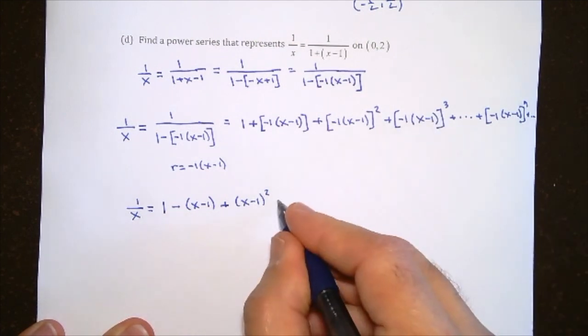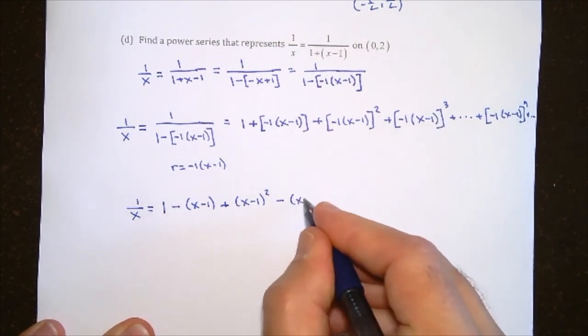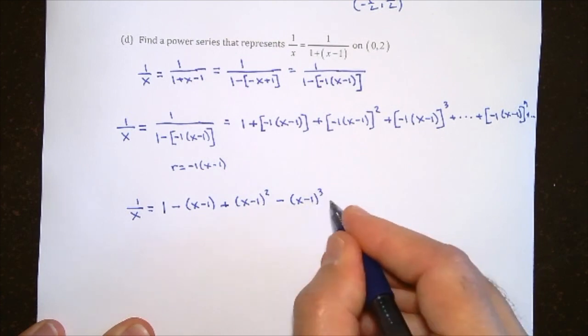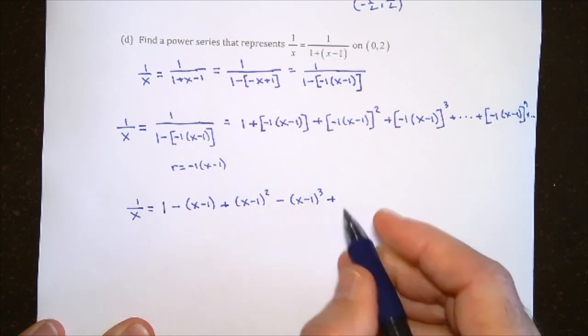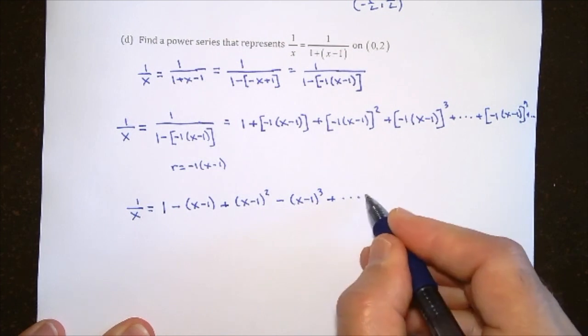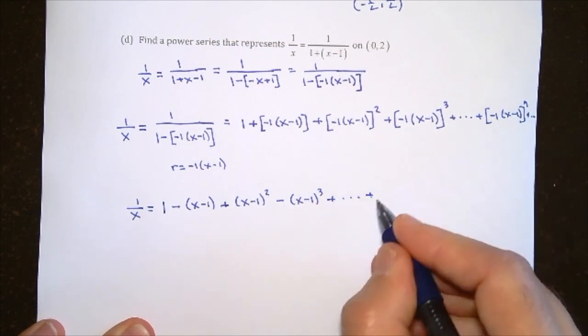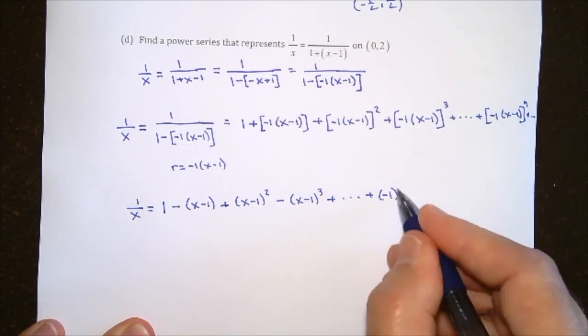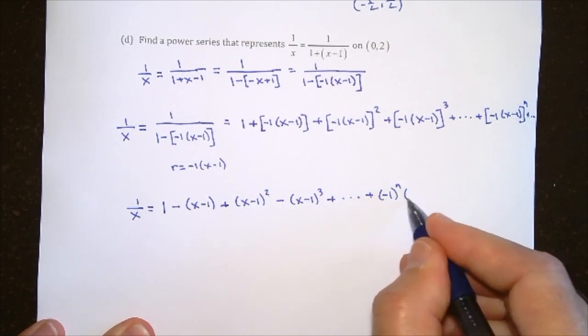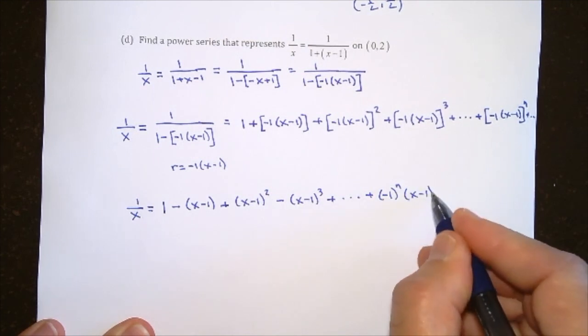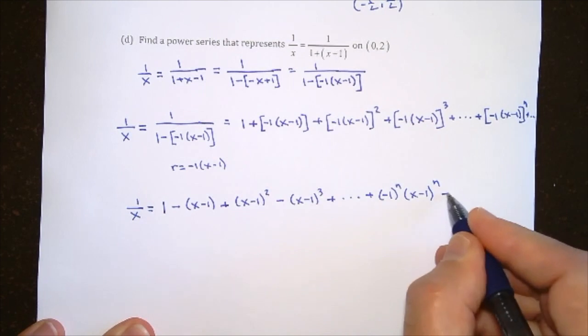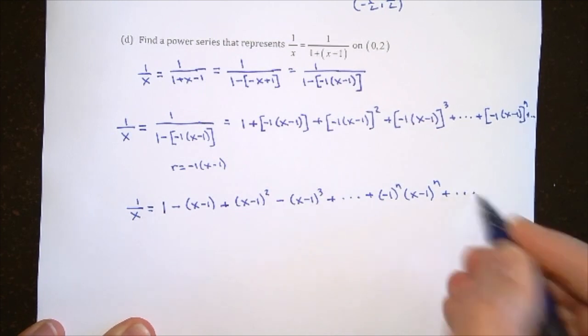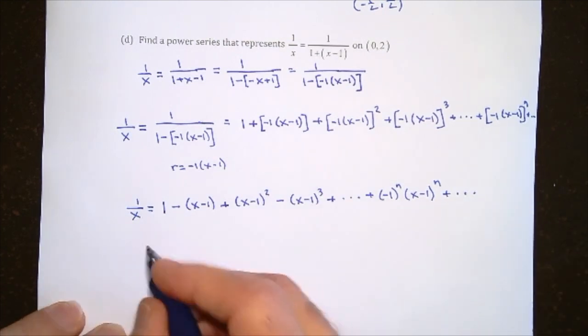And then the next one's going to be negative 1 cubed, so that's going to be minus x minus 1 cubed plus dot, dot, dot, plus negative 1 to the nth times x minus 1 to the n plus dot, dot, dot.